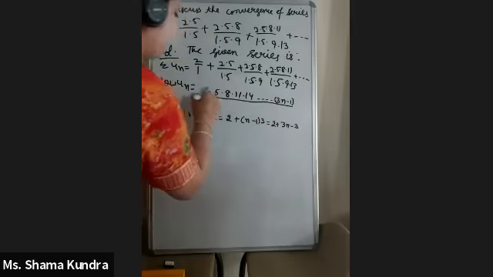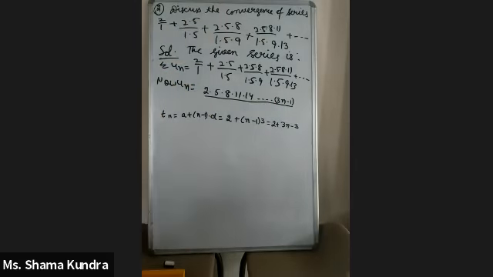Now see, observe behavior of denominator. For denominator, first term is 1, second term is 5, then 9, 13, and similarly last term Tn is A plus n minus 1 D. Here A is 1, D is 4.